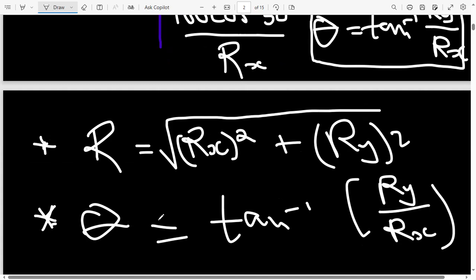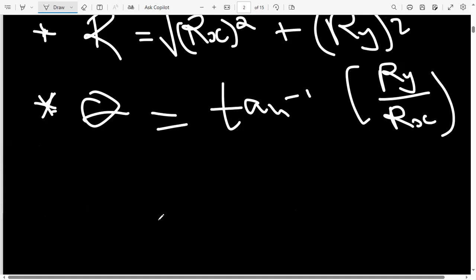I've talked about the formulas, and now I'm going to talk about some special terminologies that they use. Then after that, we can solve the question. If they say a vector is due north, what do they mean? Very simple.